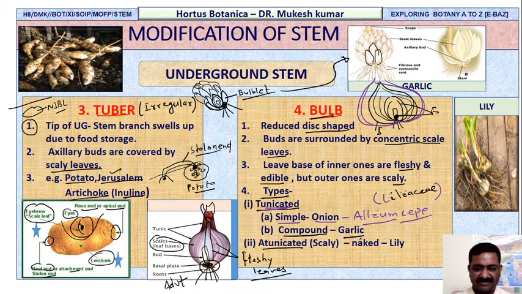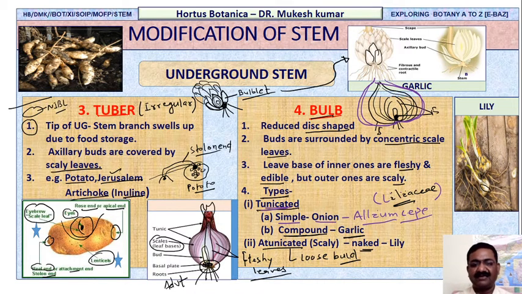This is garlic, Allium sativum. It's also a member of the Liliaceae family. Second, we have a bulb that is not covered by a scaly covering. There is no tunic layer, that's why it is loose. It is a loose bulb, with no covering, so it is naked.